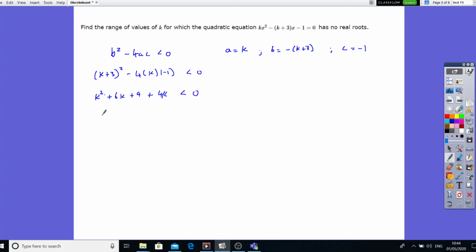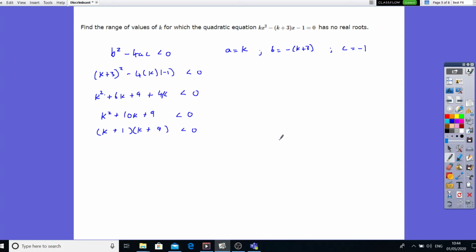So now we're going to get k squared, 6k plus 4k is 10k, plus the 9. When is that less than 0? So we can factorize this straight away. k in each corner, 1 and 9, and they're both going to be positive. It's going to be less than 0.